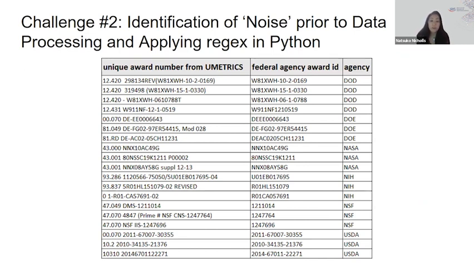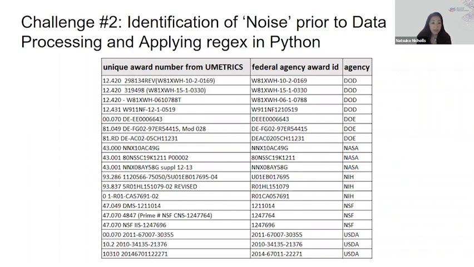We receive all sorts of data from member universities, and some comes with noise. But there is an issue about overcleaning, so we have to clearly identify which part is noise, and then we proceed with linkage, applying regular expressions in Python.